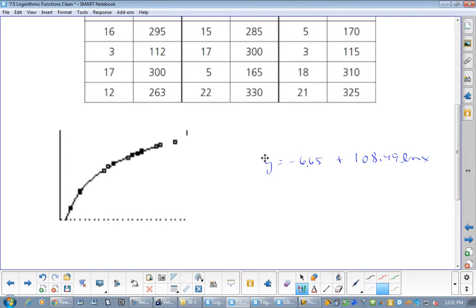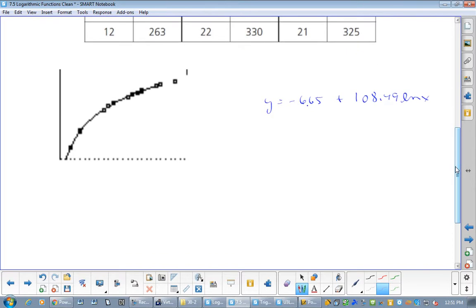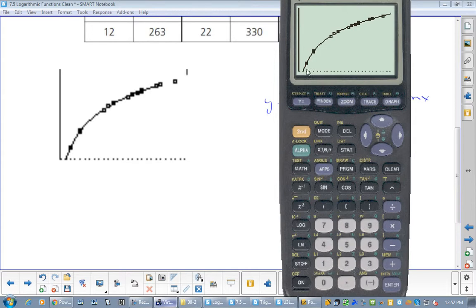Now, the x-intercept, what is it supposed to be? 1, 0, right? That's what it's supposed to be. It kind of looks like it might be going through there, but does anyone know how to find that spot right there on a calculator? The y, or the x-intercept, how do you find that? So go to y2 and make it 0.